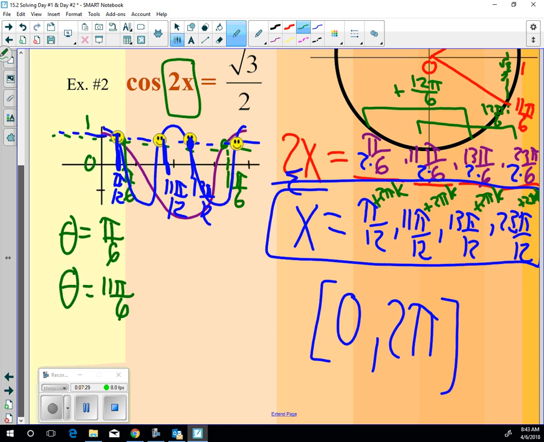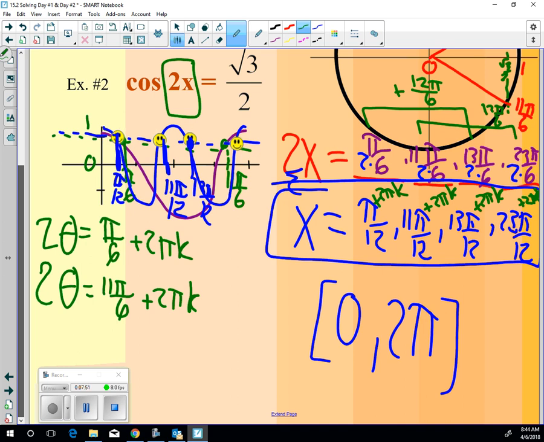And remember, this is 2 theta. Then we're going to do what Garrett did before. We're going to add 2 pi k, like that. So 2 theta equals pi over 6 plus 2 pi k. 2 theta equals 11 pi over 6 plus 2 pi k.